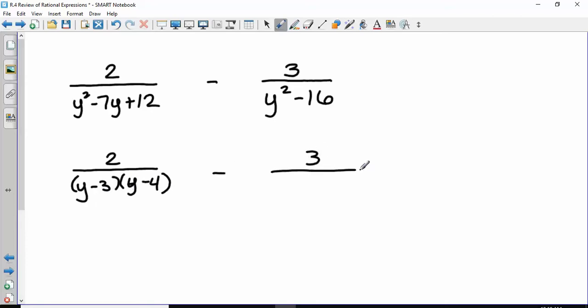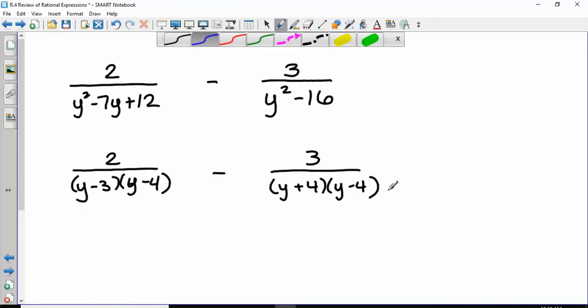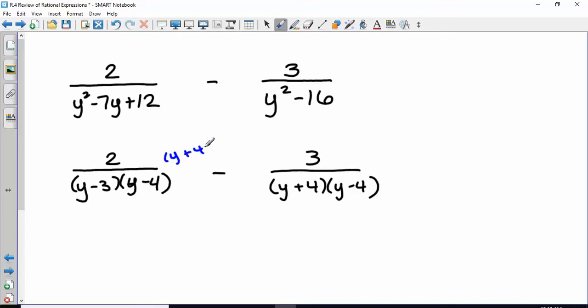Y squared minus 16, how do we break that up? Difference of squares, good. Okay, what does the first one need to look like the second? The second one has a y plus 4, so we need that. And what does the second one need?